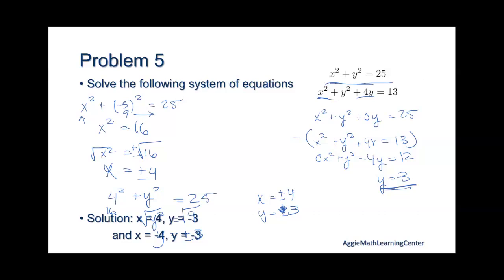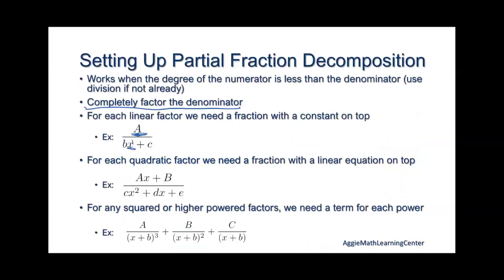So we have the ordered pairs (4, -3) and (-4, -3) as our solutions. If we tried to plug in positive 3, it would not work. Good catch. Okay, back here.